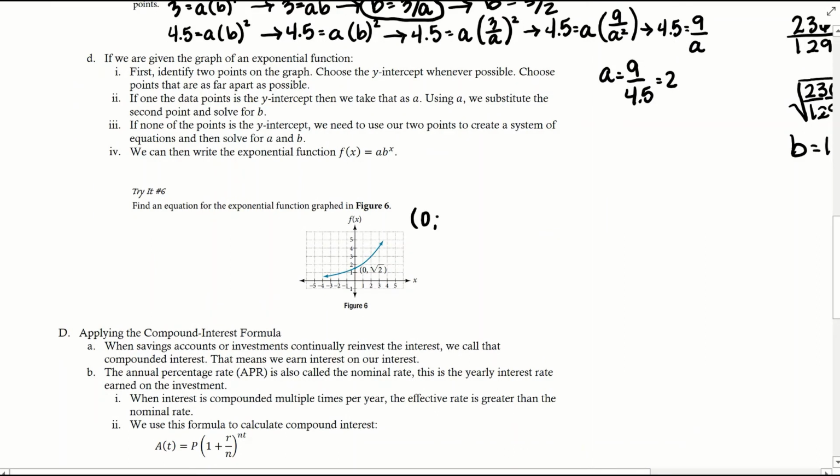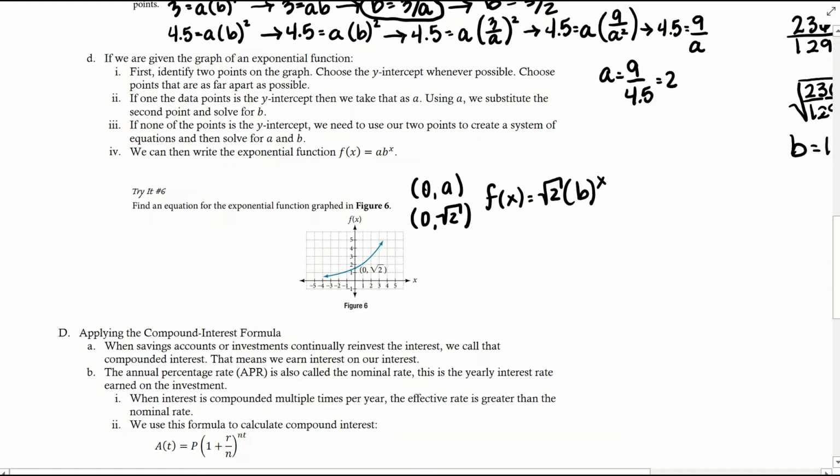And remember, this is in the form 0, a. So this is why it is a good idea to choose our y-intercept, because that automatically gives us our initial value.